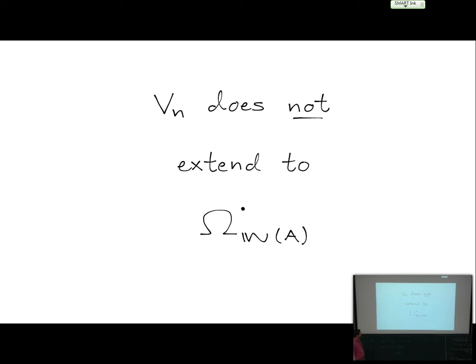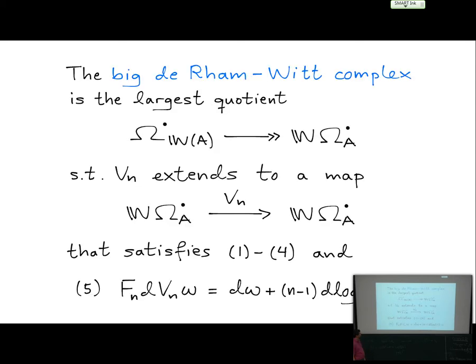And so this is really what the big de Rham-Witt complex is. It's the largest quotient on which it does extend, and it extends in such a way that these four properties continue to hold, and then this formula here also holds. If you go up by the nth Verschiebung, use D, and down by the nth Frobenius, you get D up to this two-torsion correction here.